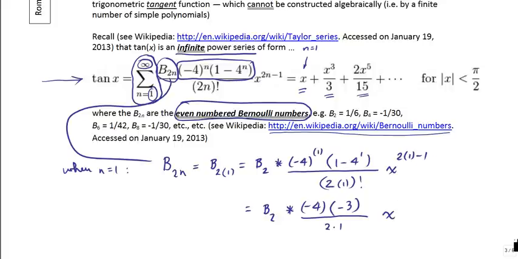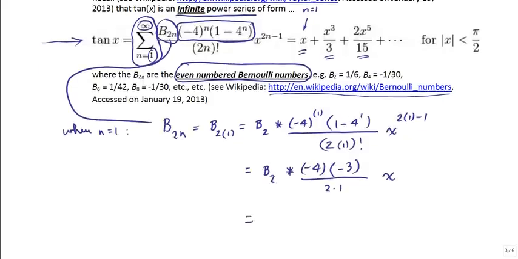So really, look at what we're getting here. We're getting b sub 2 times minus 4 times minus 3, which is a positive 12, over 2 times 1, which is a 2x. So this is b sub 2 times 6x. But b sub 2 is the Bernoulli number 1/6 from here.